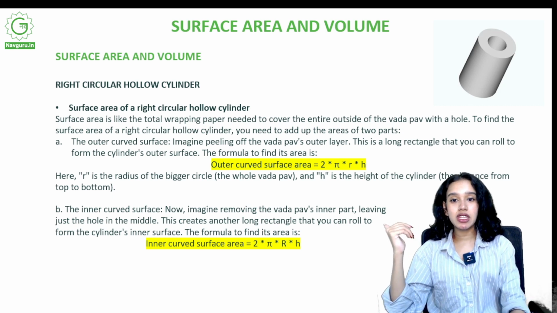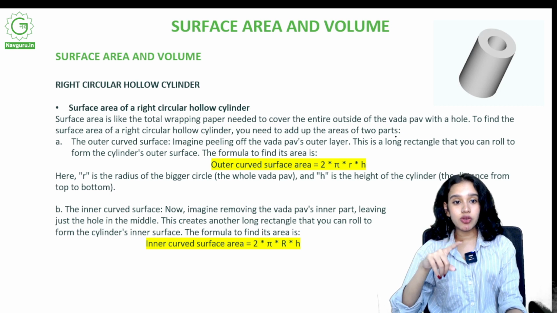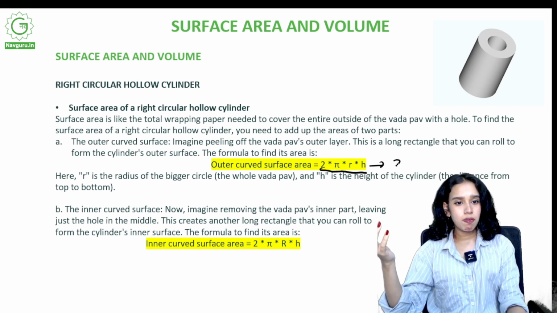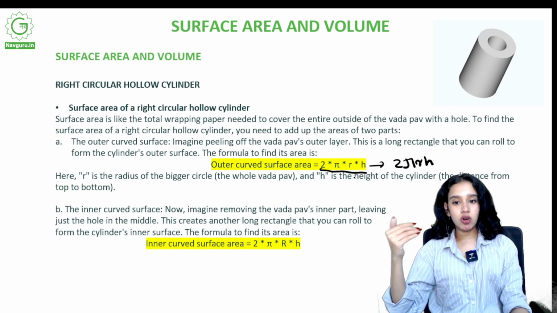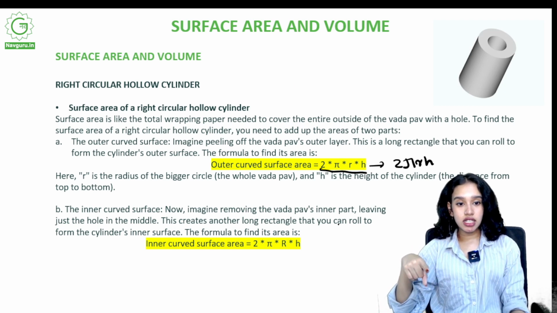To find the surface area of a right circular hollow cylinder, you need to add up the areas of two parts. First one is the outer curved surface area, right? This is a long rectangle that can roll into a cylinder, just as we talked about. That would be 2 pi r h, right? Now, inner curved surface area, this creates another long rectangle you can roll into.